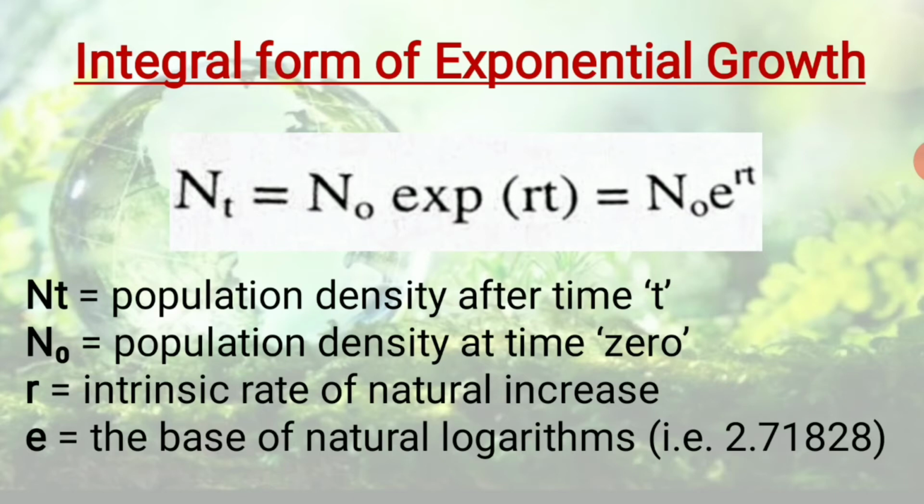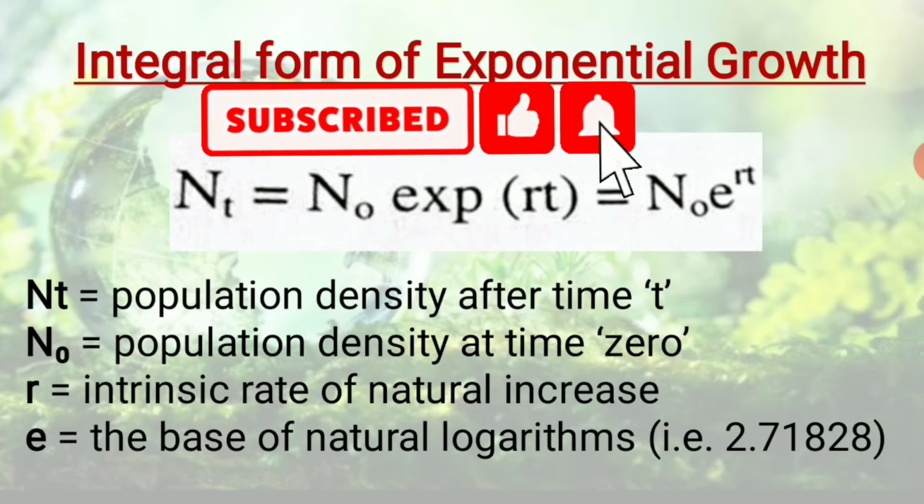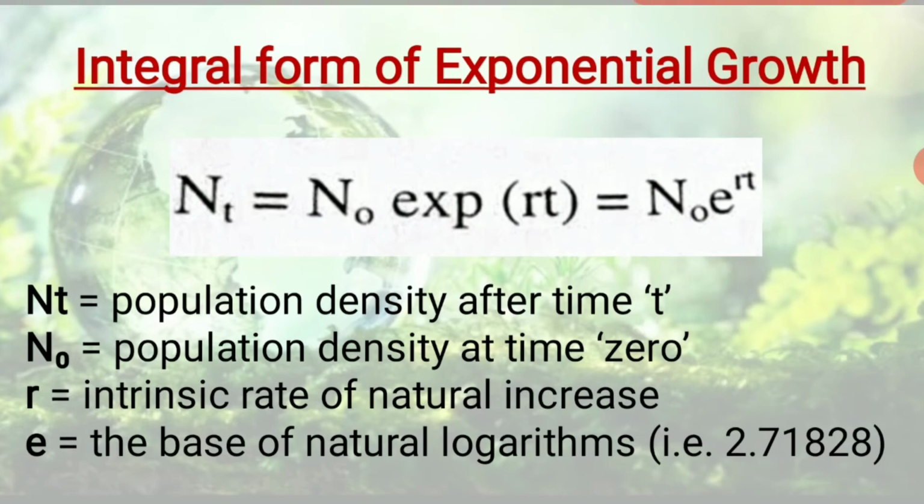Nt is the population density after time t, and N naught is the population density at time 0, that means the starting time, and r is the intrinsic rate of natural increase, which gradually increases exponentially, like 2 to 4 to 8 to 16, right? And e is the base of the natural logarithm, which is generally provided in the question, and its value is 2.71828.